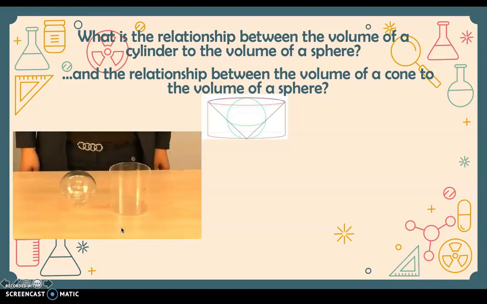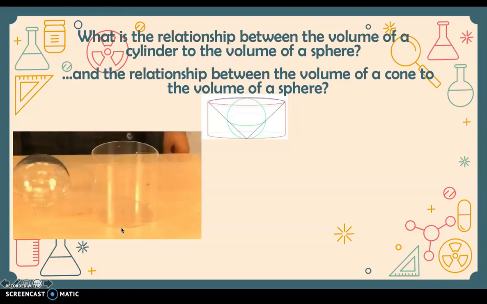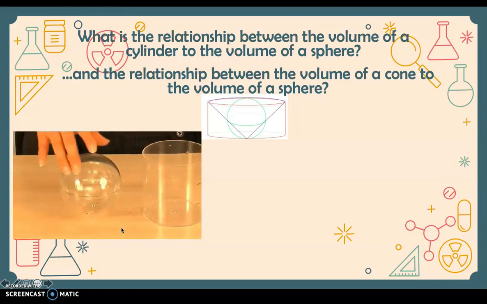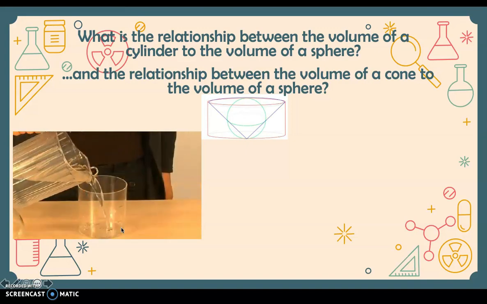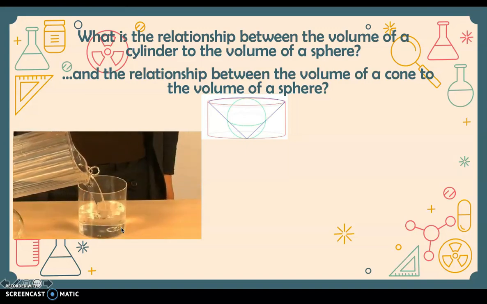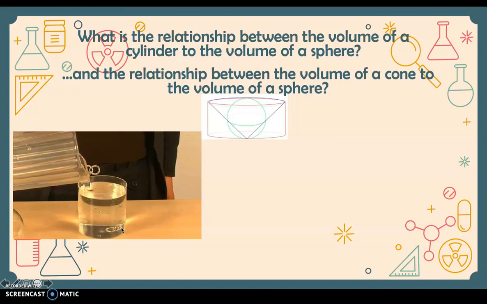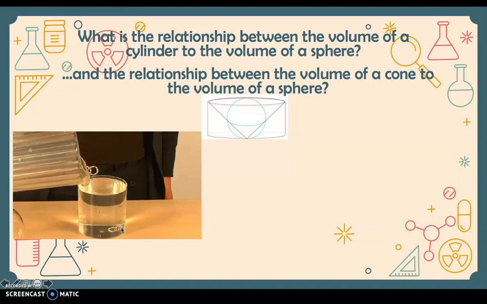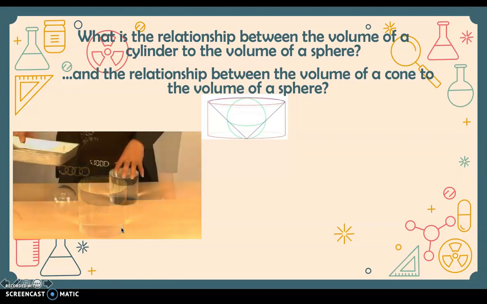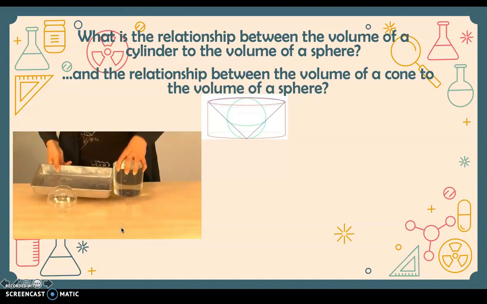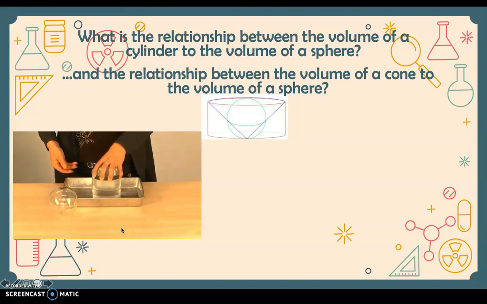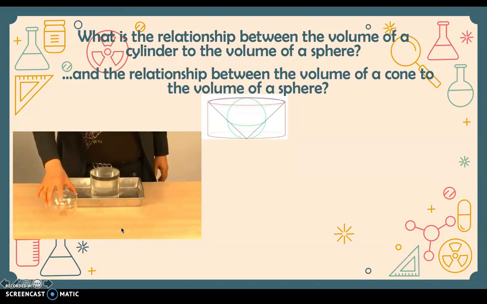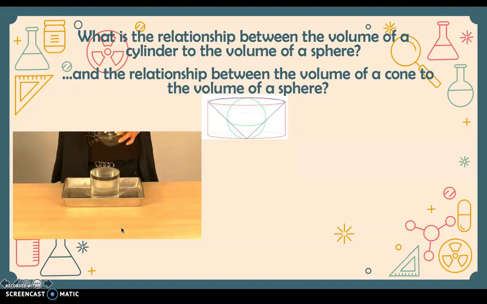In this video, we'll demonstrate the ratio of volume of a cylinder and a volume of a sphere. We have a cylinder and a sphere with the same height and diameter. Fill the cylinder with water. And push the ball into the cylinder.